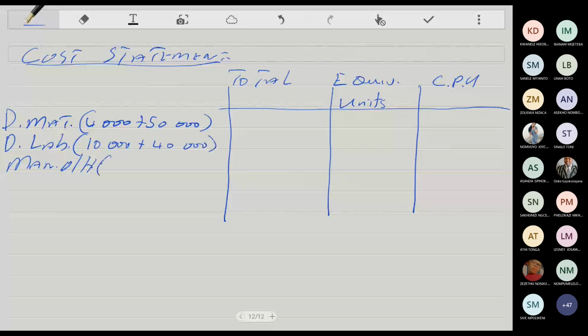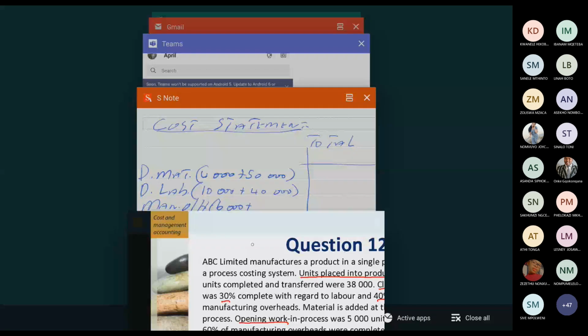Then manufacturing overheads is going to be 6,000 plus the current cost. The current cost is 30,000 as per the question.